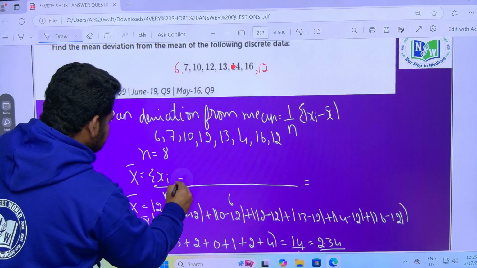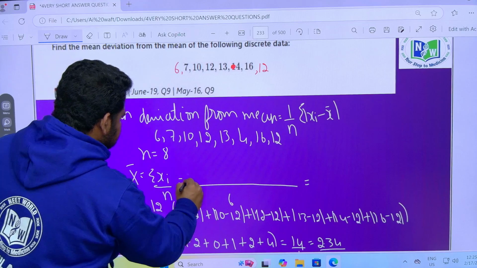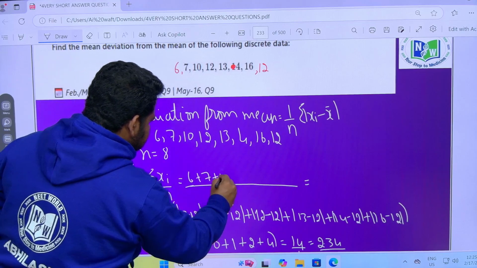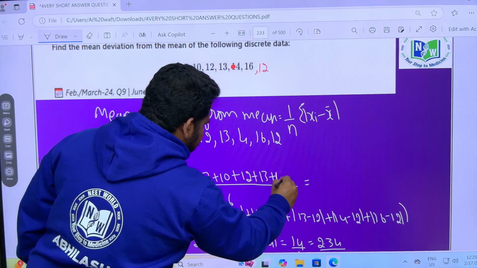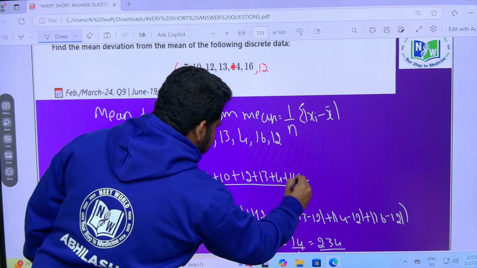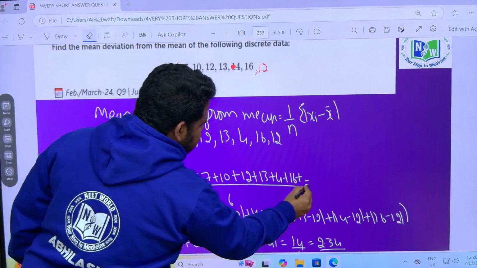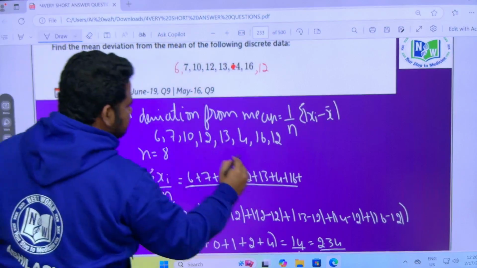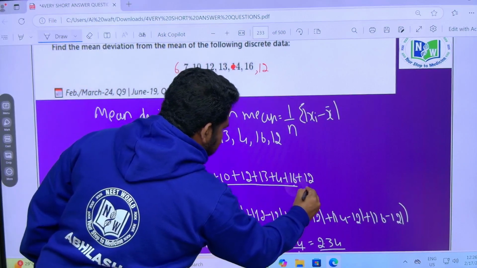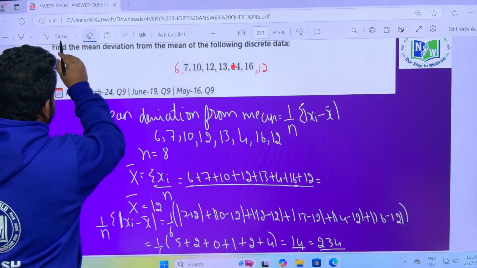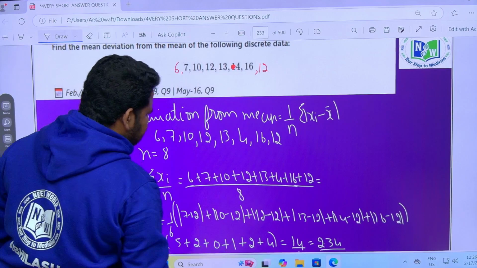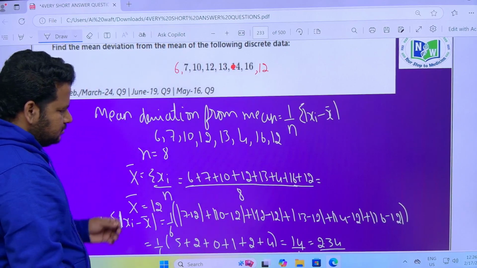So this will be equal to 6 plus 7 plus 10 plus 12 plus 13 plus 4 plus 16 plus 12, divided by 8. Same procedure, but the values have changed because there is a printing mistake.